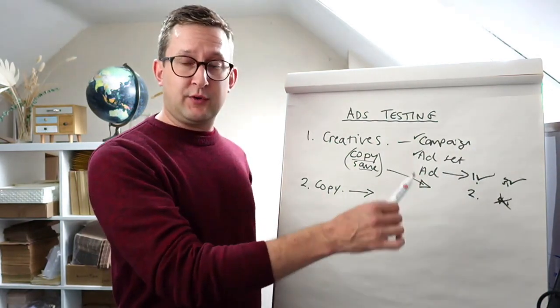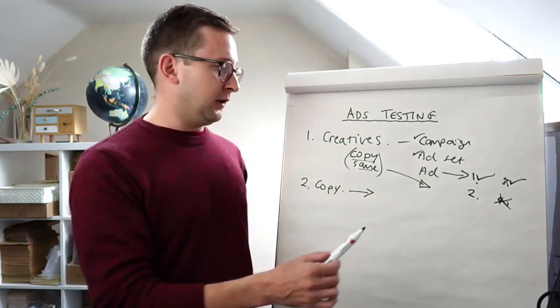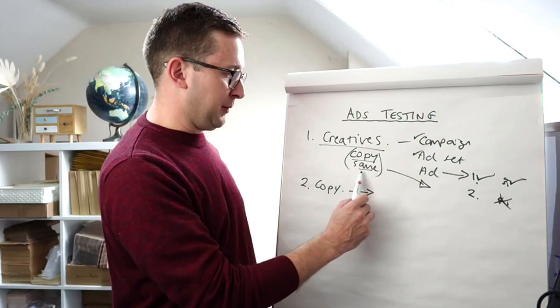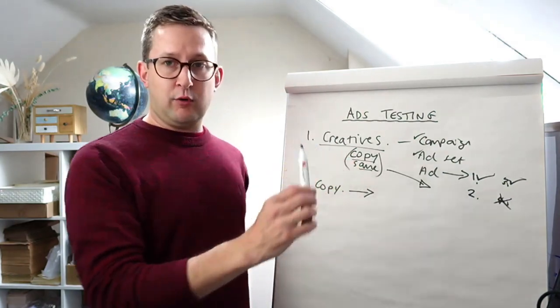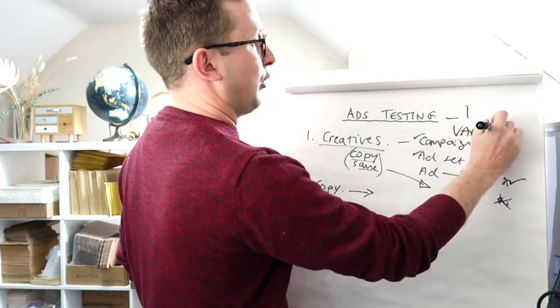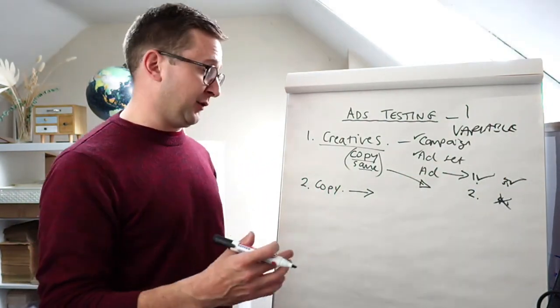Was it the creative? Was it the copy? Was it a combination of the two? You won't know properly unless you isolate it. So if you're testing creatives, you keep the same copy and you only have one variable. That is the key thing. You need one variable, never more than one variable.